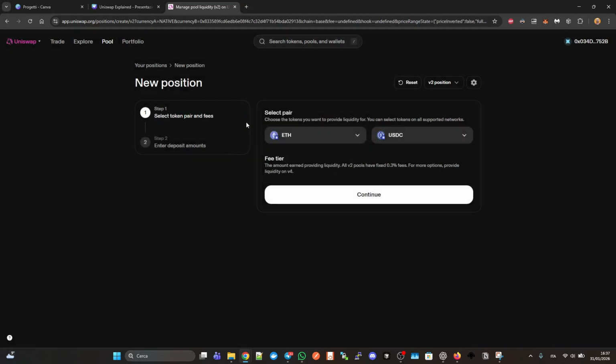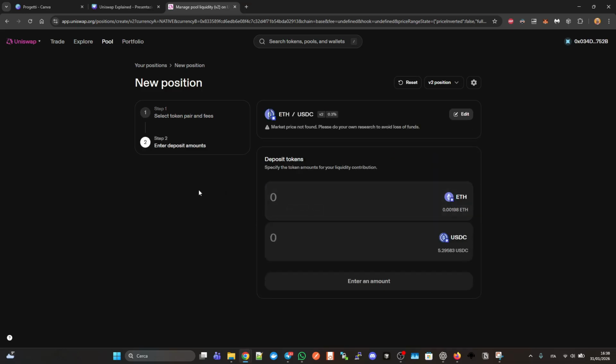So our pair, our pool, will be ETH USDC. We are in V2. Okay, this is the fee tier that for all V2 pools will be 0.3% of the fees. So let's hit continue.